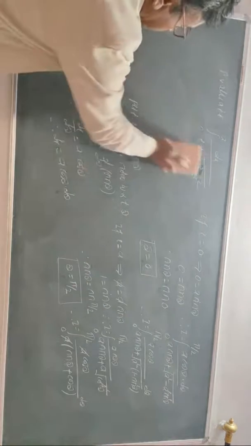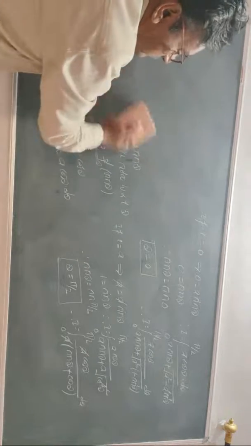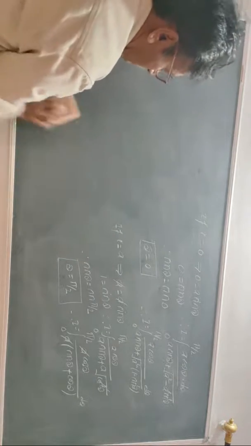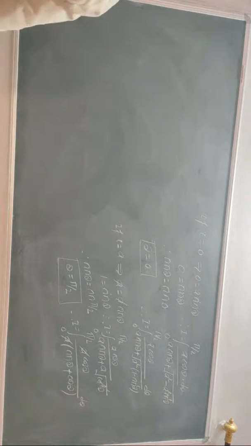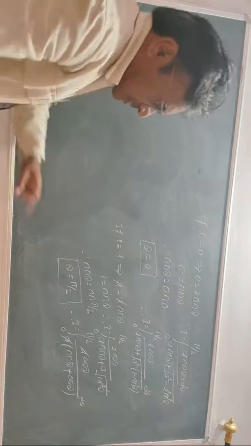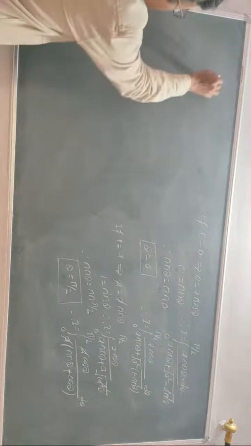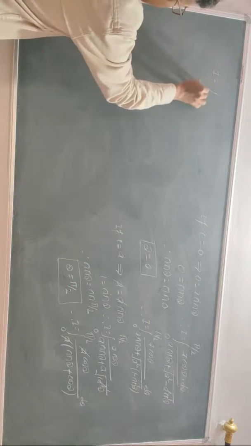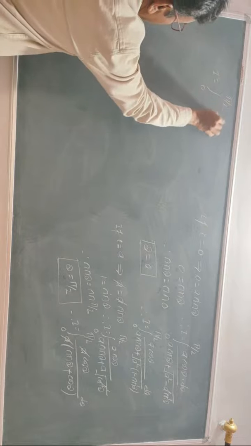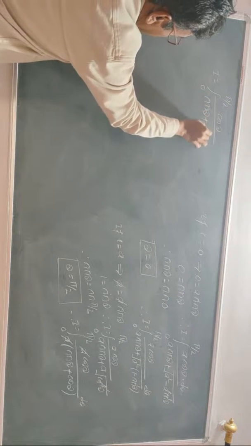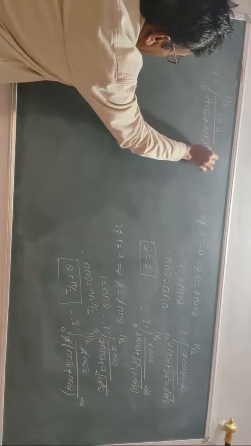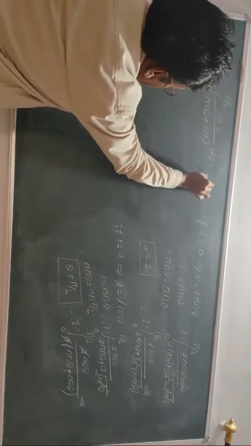Therefore I is equal to the integration from 0 to pi by 2 of cos theta upon sin theta plus cos theta into d theta. And this is equation number first.